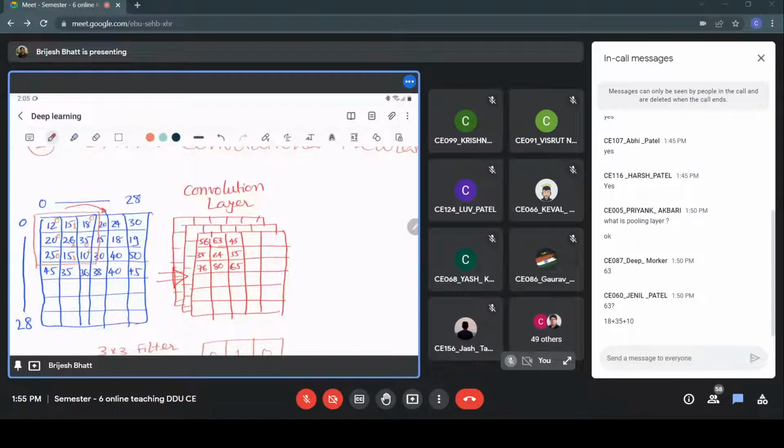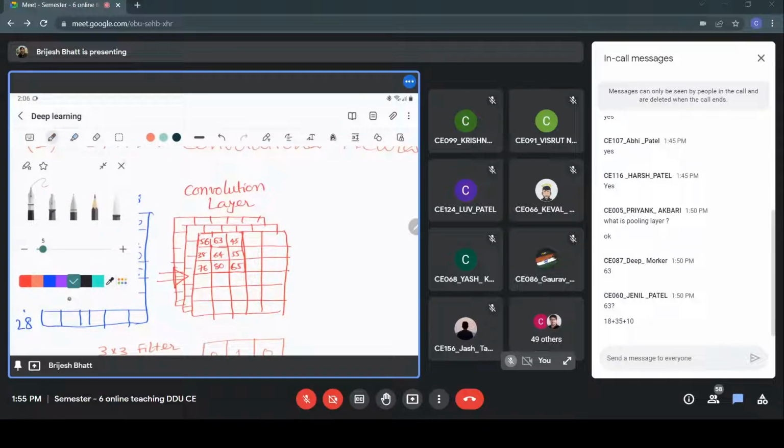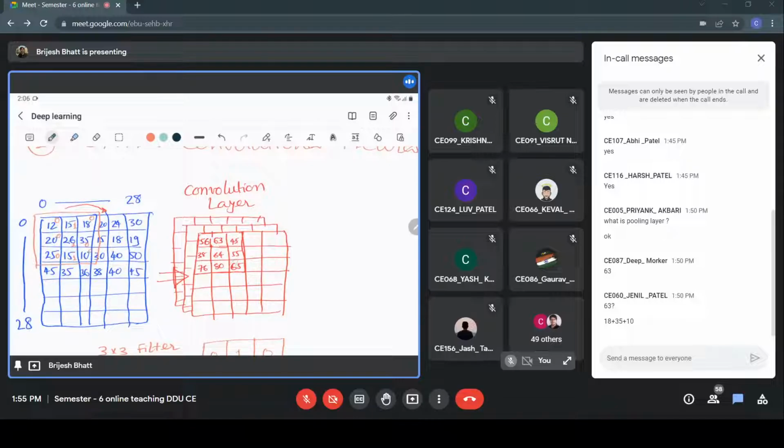Now the question is, can you further reduce this representation? So instead of these 9 cells, if you want to use only one of them, then what you can do is you can pool any one of these values. And let's say that value is the largest value. Then what you are doing is max pooling.